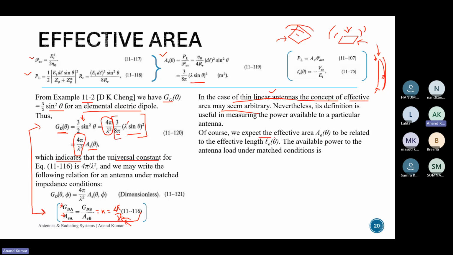And we expect the effective area to be related to the effective length. The available power to the antenna load under matched condition is this. This particular expression is from the circuit that we had.